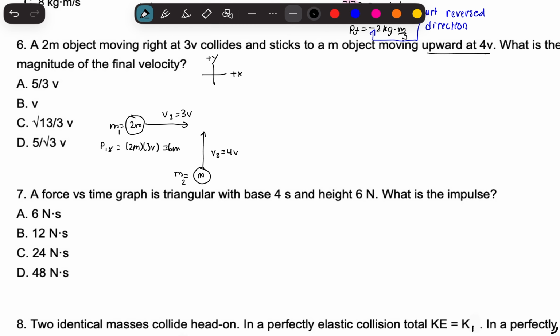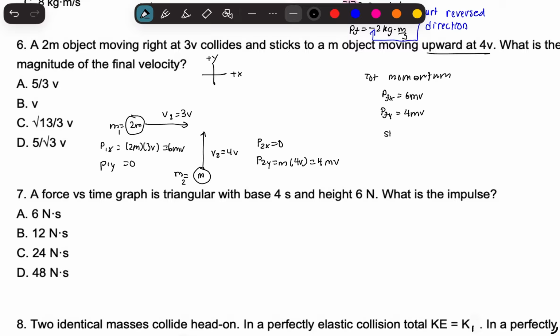Now for your second mass, your p2x is equal to 0. Your p2y is equal to your mass times your 4v, which is equal to 4mv. So now if you calculate your total momentum, your pfx is equal to 6mv, and your pfy is equal to 4mv.